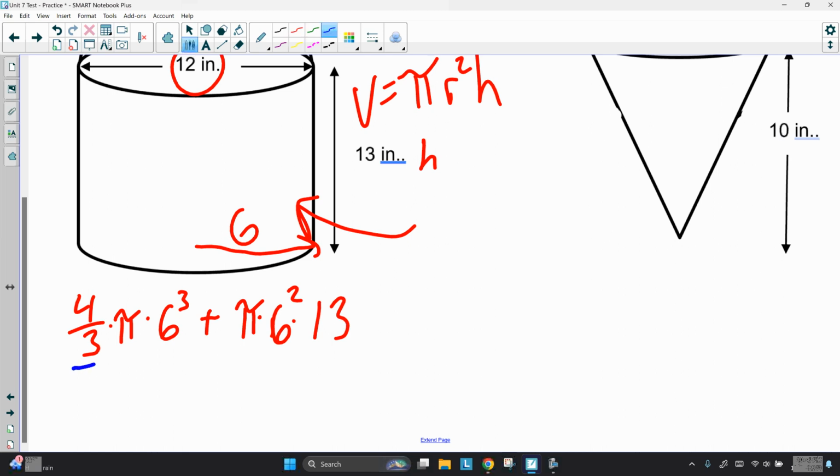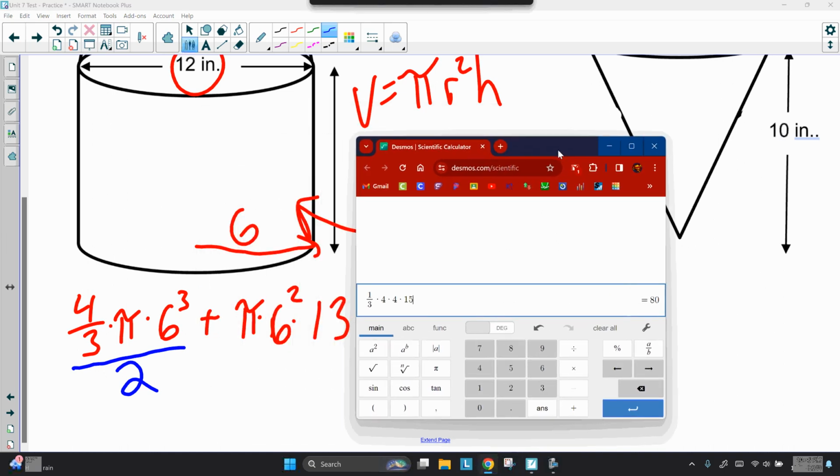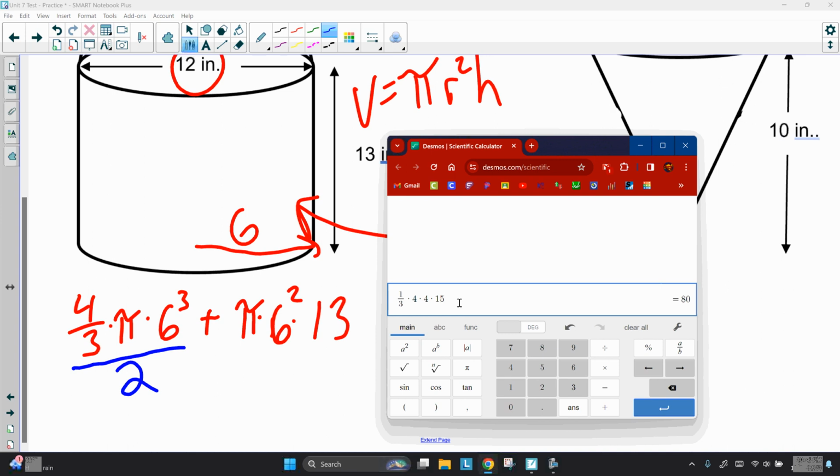Let's see if we can put all this in Desmos. It takes some doing, but I think we can do it. Let's clear all this out of the way. Let's hit the division symbol first. Top stuff, 4/3, so I'm going to hit the fraction key one more time. Again, Desmos can handle all of this just as much as our Casios could have. 3.14, times 6 to the 3rd power.